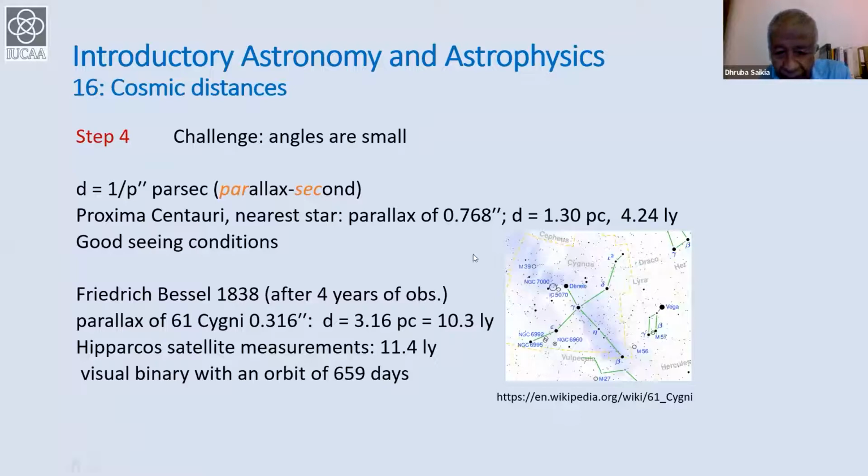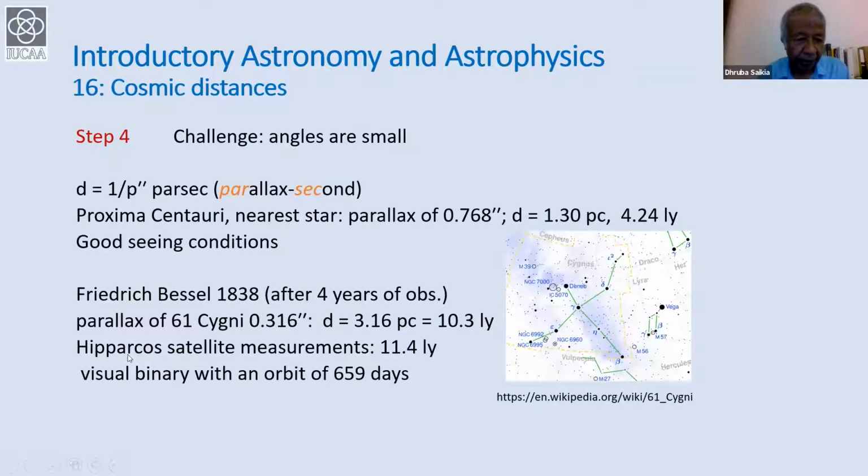And 61 Cygni is a star in the Cygnus constellation. It's somewhere near where I'm putting the cursor over here. This was okay, and from that, he determined the distance to be about 3.16 parsec, which is 10.3 light years.